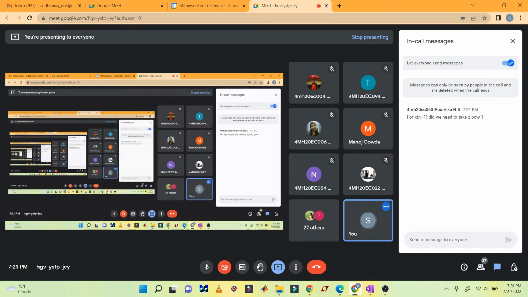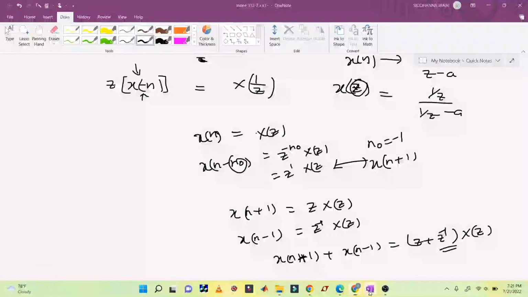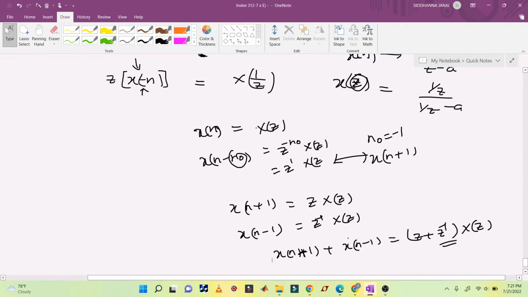z power 1, yes, that is correct. For x of n plus 1, we have to take z to the power plus 1. Correct. So it is straightforward. For x of n minus 1, we have to take z power minus 1. That is what I have written here, right? z power 1 is z itself, right? If it is 2, then z power 2. Minus 2, z power minus 2.